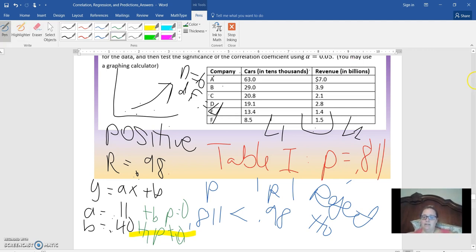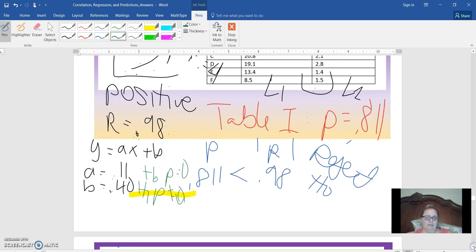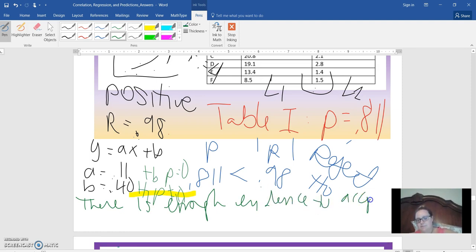So what we're really saying is there's enough evidence to accept that there is a correlation. And we happen to know that it is positive.